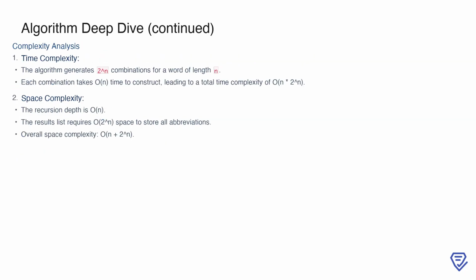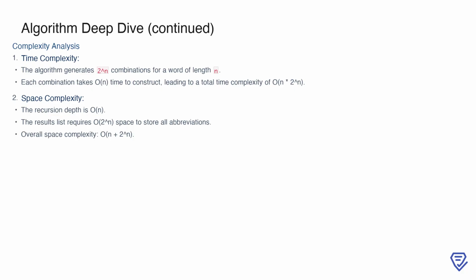Analyzing the complexity further, the time complexity is driven by the exponential growth of the combinations, 2^n, as every character has two possibilities. Since constructing each abbreviation takes O(n) time, the total time complexity is O(n*2^n). The space complexity includes both the recursion stack, which is O(n), and the results list, which stores all abbreviations and requires O(2^n) space.